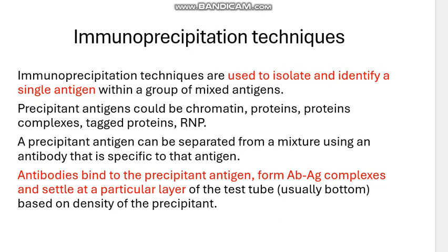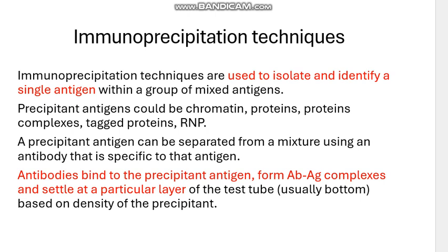So immunoprecipitation techniques are used to isolate and identify a single antigen within a group of mixed antigens. So you're trying to identify a single antigen within something like the blood, which has many different kinds of antigens in it. Precipitant antigens could be chromatin, proteins, protein complexes, or tag proteins or RNPs.